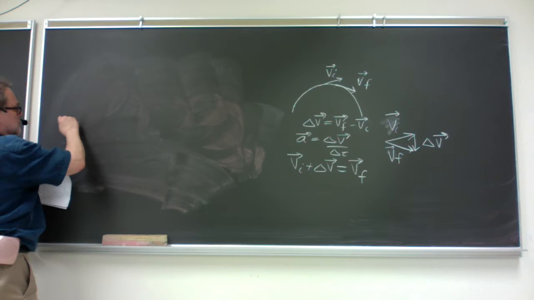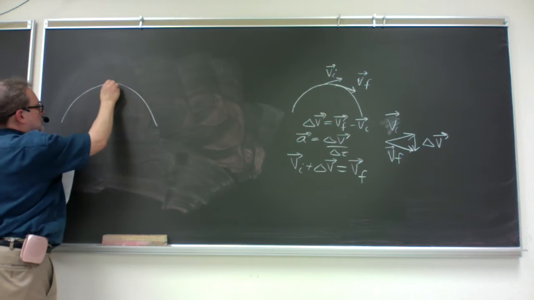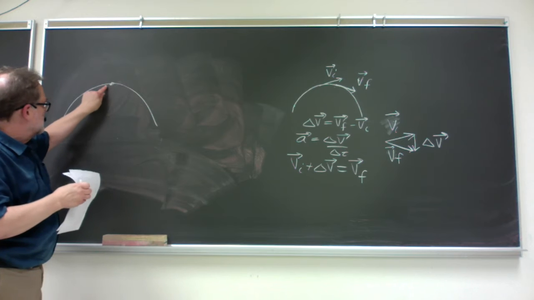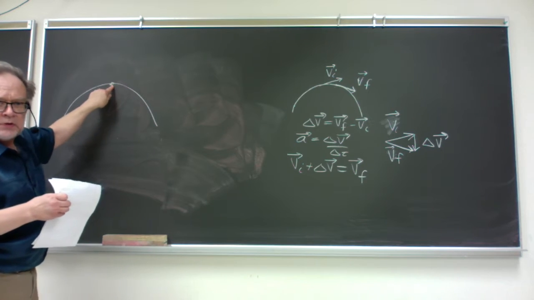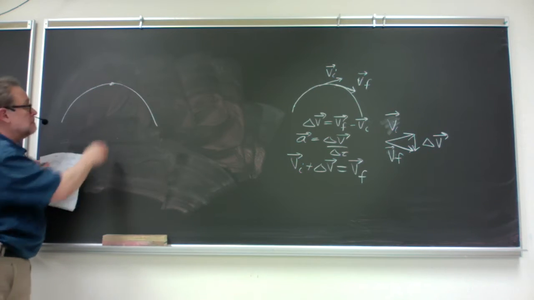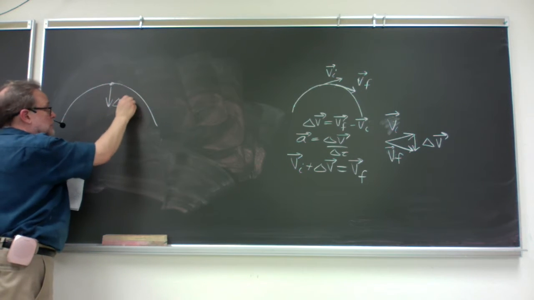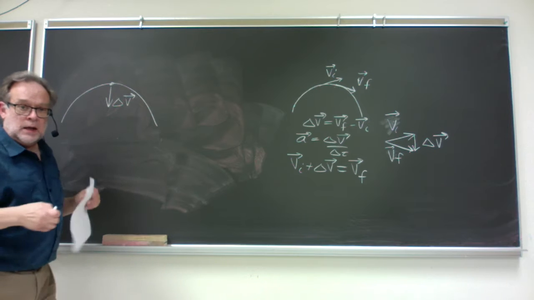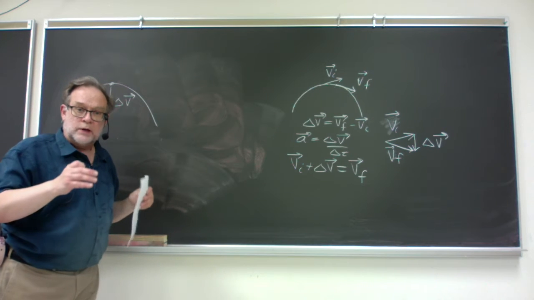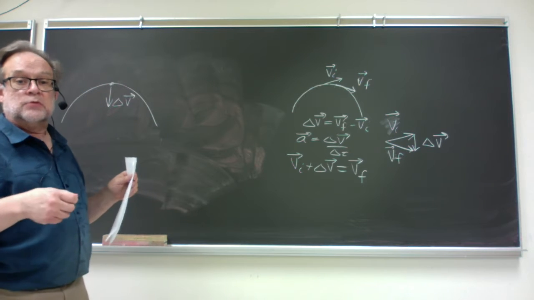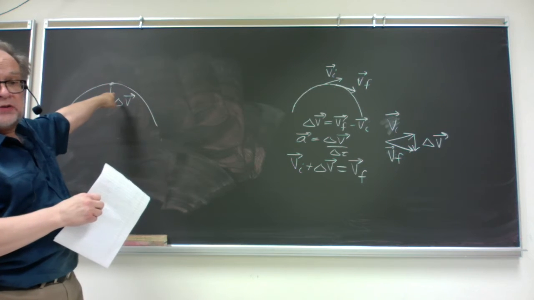So here's the circle again, and the object has moved a little bit from here to here. Here's the top of the circle. But during that time, the velocity added on was toward the center of the circle. And we know from way back when we first started thinking about acceleration that the direction of acceleration is the same as the direction of delta v.